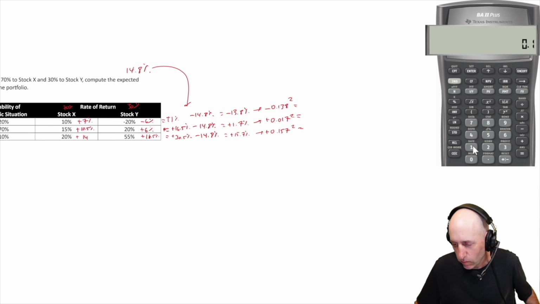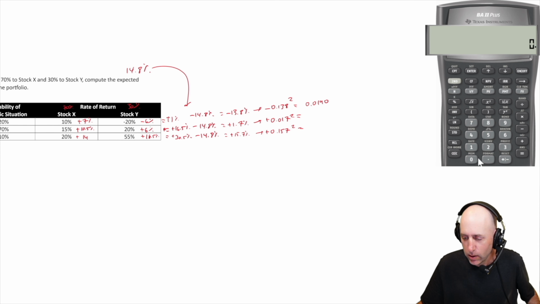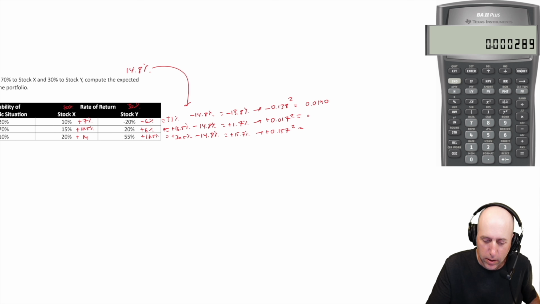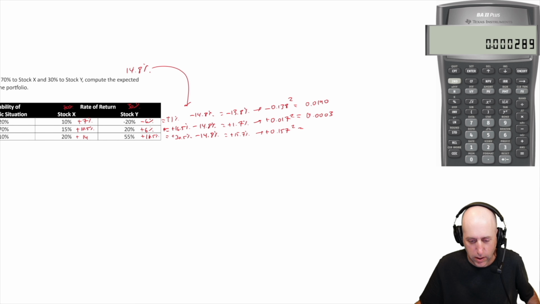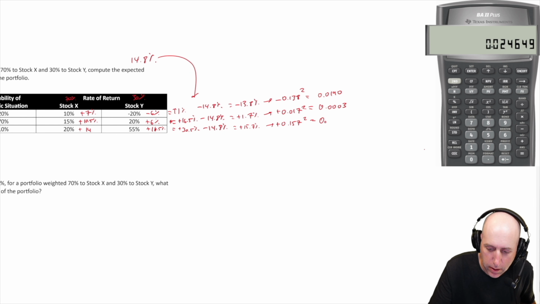So 0.138 negative squared is 0.0190. 0.017, we square, 0.0003, and the last one, 0.157 squared, 0.0247.